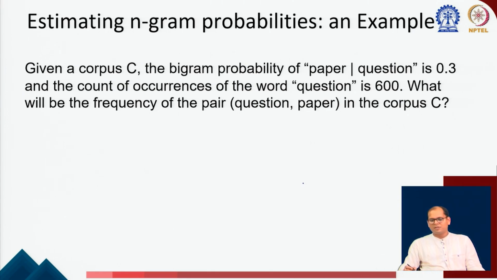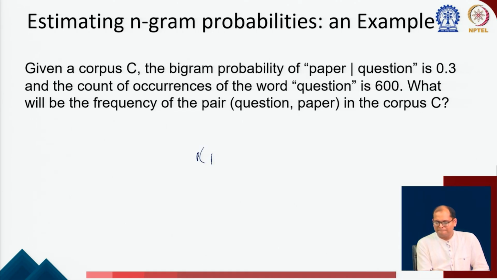So just a simple example. Suppose in a corpus you have the probability of paper given question as 0.3, right? Paper coming after question is 0.3, and the number of times the word question occurs is 600. What is the frequency of the pair "question paper" in the corpus C? So can you find this?